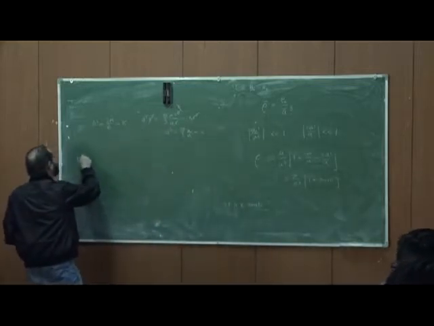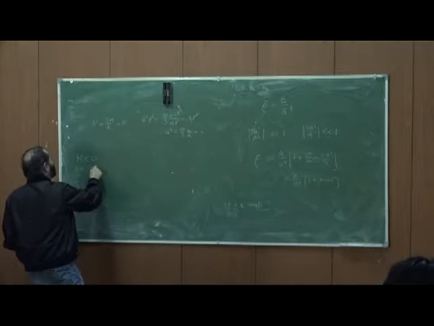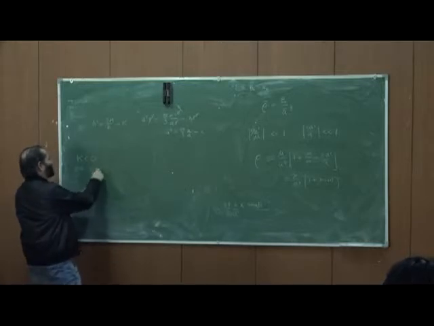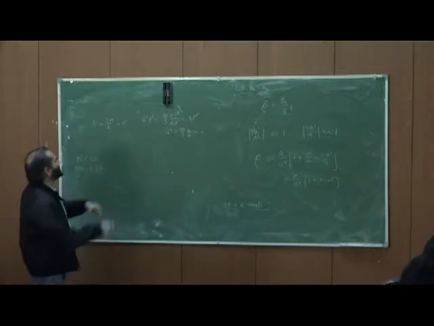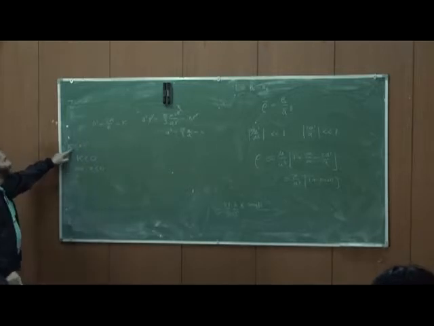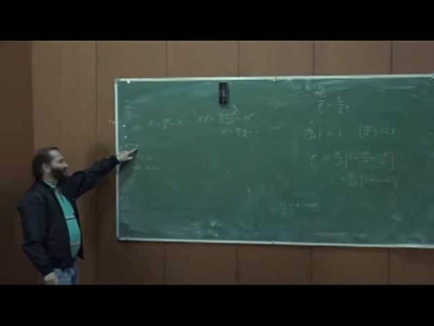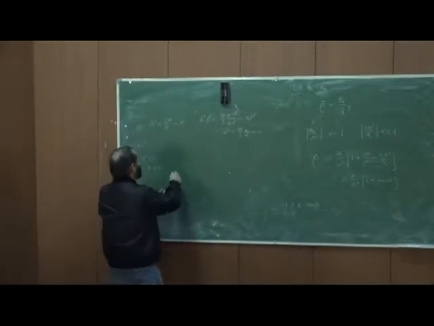Okay. Now, we have this equation. Let's take the case of negative k. Negative k is the same as negative kappa, because k is simply kappa times r squared. So the sign of k is the sign of kappa. So we had this equation.